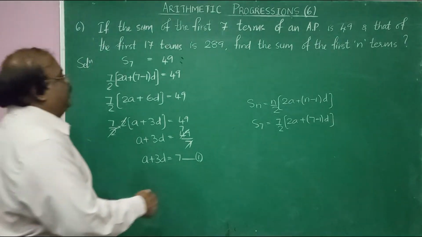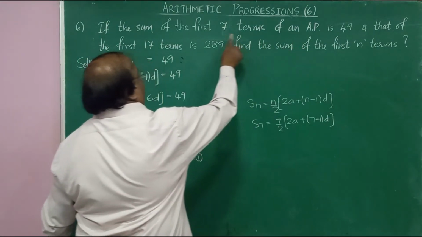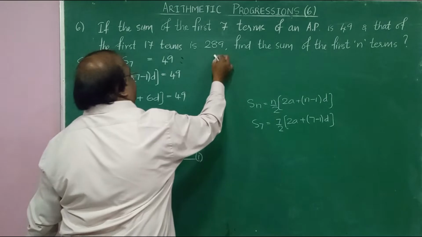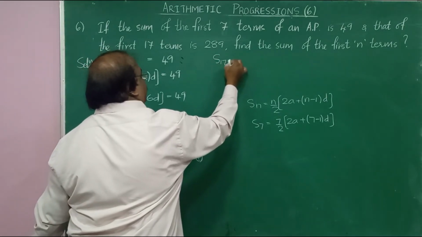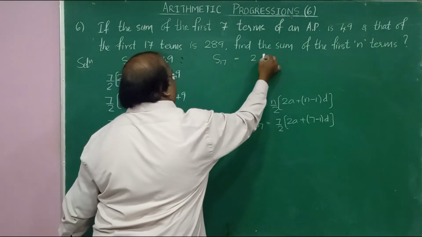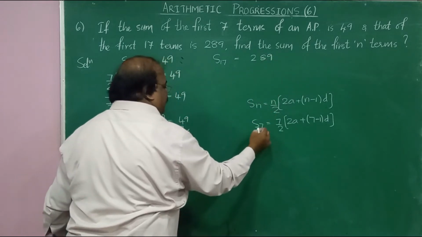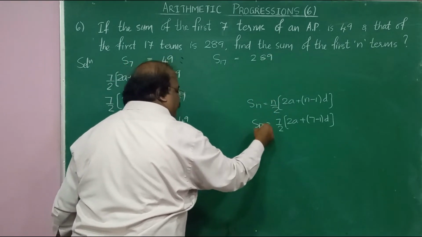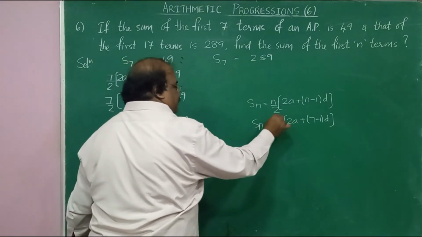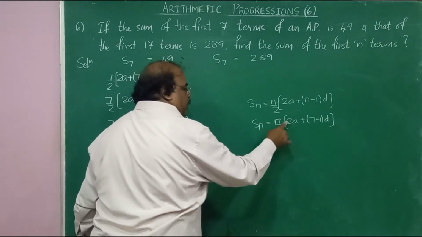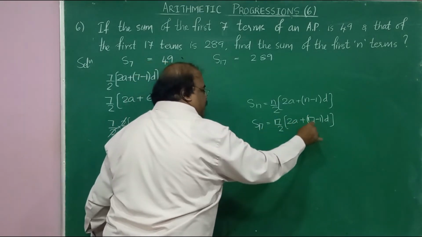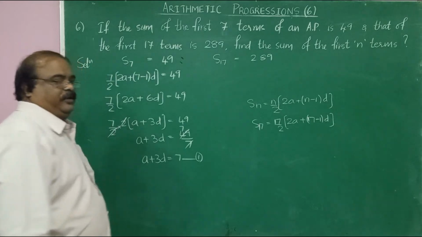I come to the second condition. What is the second? The sum of the first 17 terms is 289. Now what is S17? S17 is 17 upon 2 into bracket 2a plus 17 minus 1 into d.